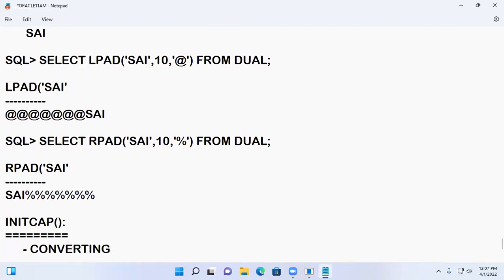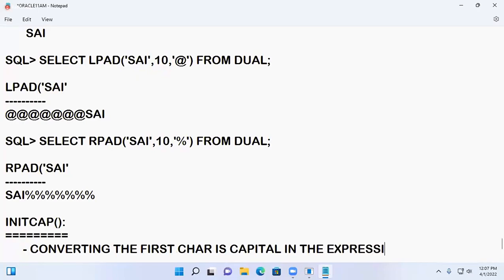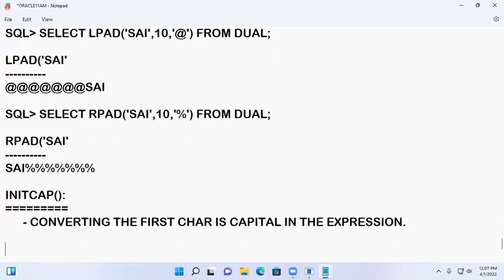Converting the first character to capital in the expression. So init cap is nothing but every first character in your expression. Whatever the first character is, it will be converted to a capital.